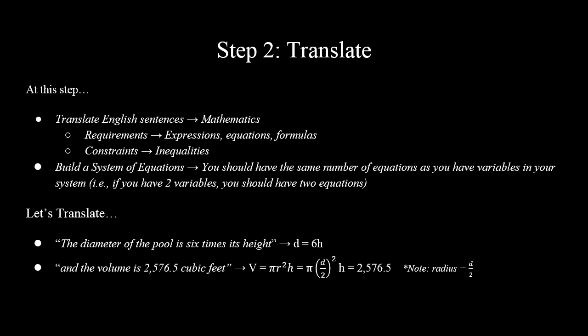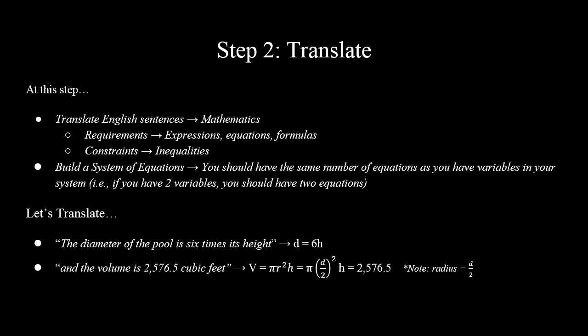I chose this problem for a reason, because there was sort of an extra trick in translating this formula. Notice how the formula for volume is given in terms of the radius, pi r squared. Well, here you really have to think about what radius is. Radius is half of the diameter. It measures from the midpoint of a circle to any point on the outside of the circle. The variable we were given was diameter.